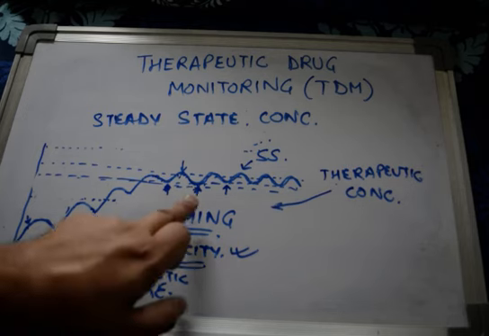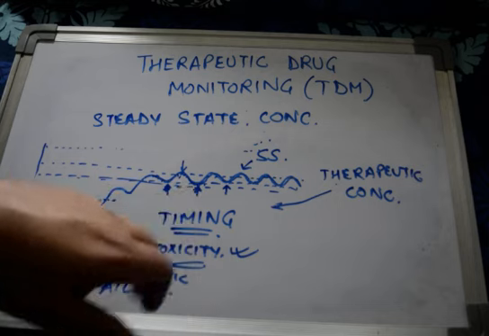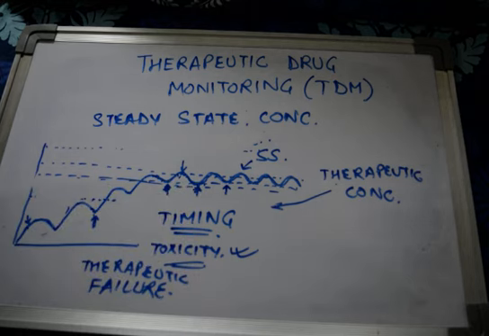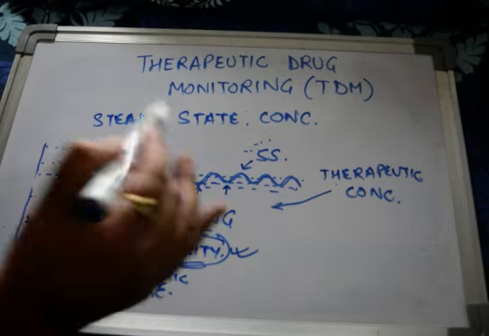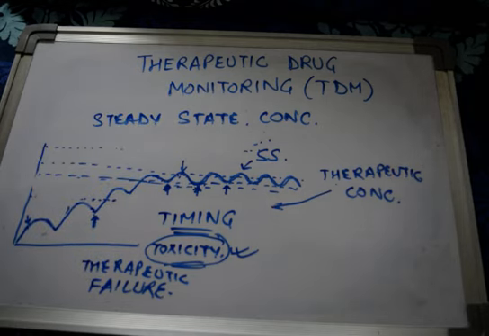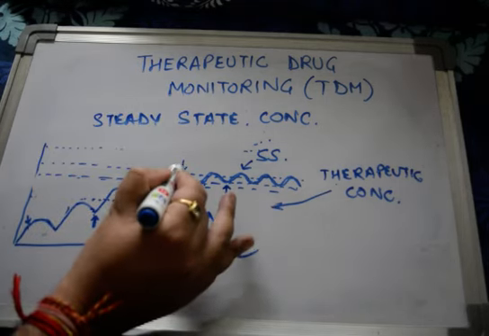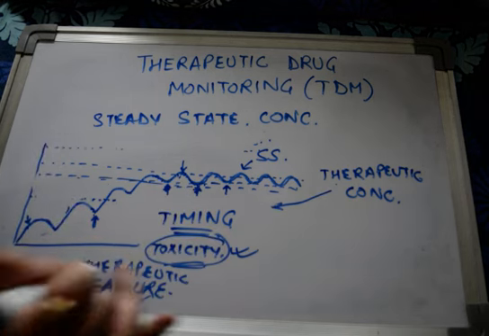For assessing therapeutic failure, you will have to take a sample just before the administration of the next dose. And if you are concerned about the toxicity, you will have to take a sample when it is on the upper side, when the crest is there, and in the trough phase you have to go for the therapeutic failure.